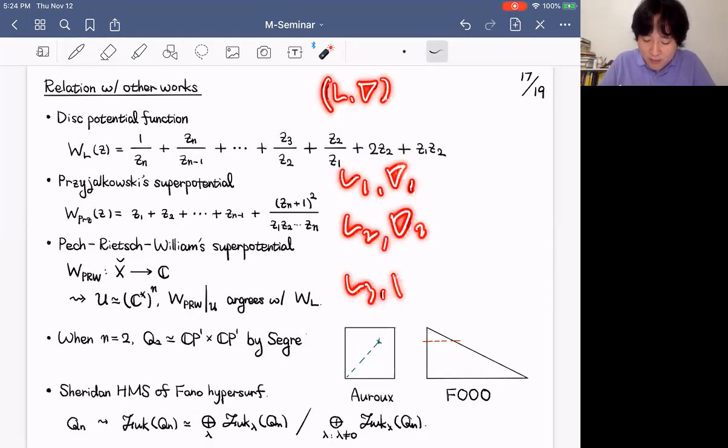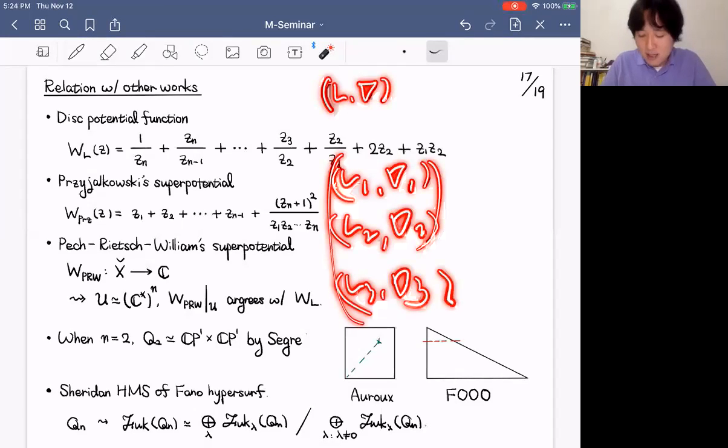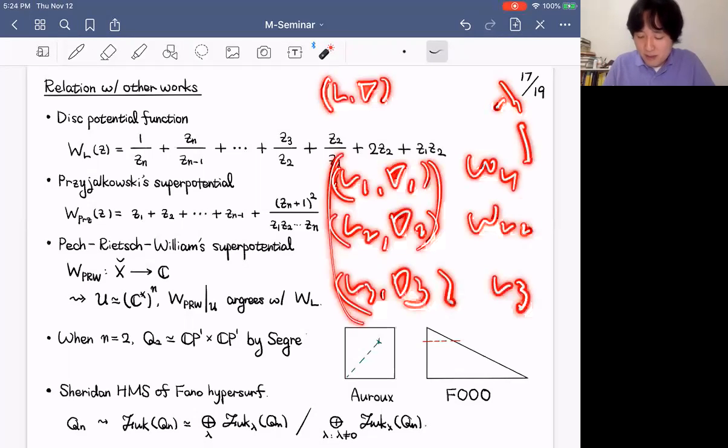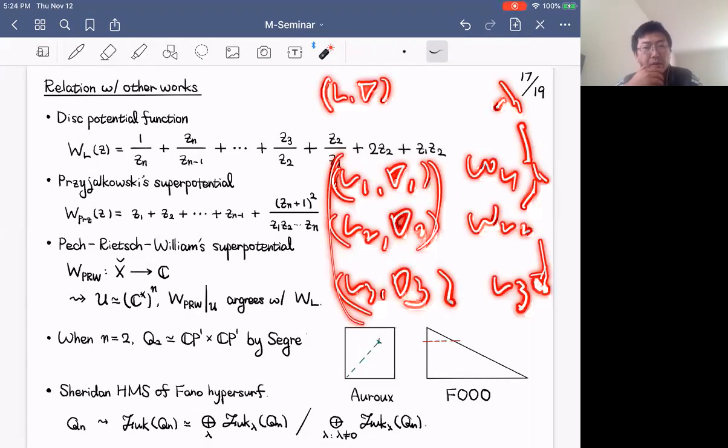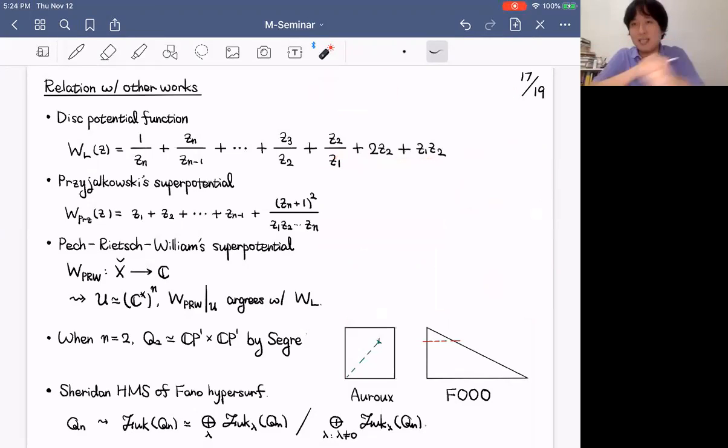We have possibly many objects in this category, and they have their own potentials for L2, L3, L4. Then we have the critical values lambda 1, lambda 2, and lambda 3. So basically, the Lagrangians are interacting only in the same critical value. Okay, they can interact only in that lambda slice. I see. Thank you.